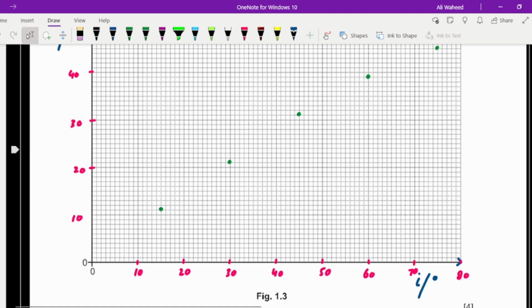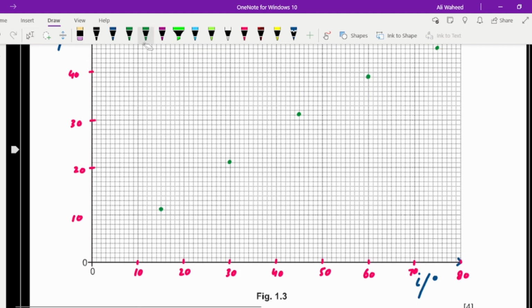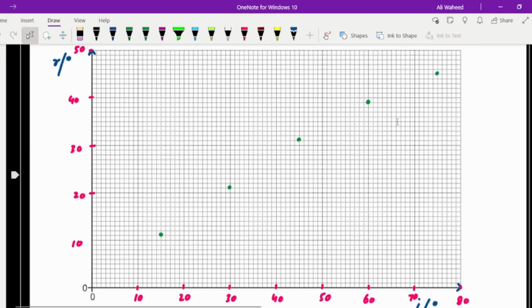Now the last part is to draw the smooth curve of best fit. This is the most difficult part, so I'll try to draw. It's kind of tricky here on the touchpad, but I'll draw anyway. Smooth curve of best fit means all the points may not necessarily be on the curve.